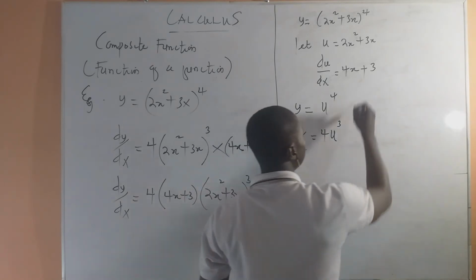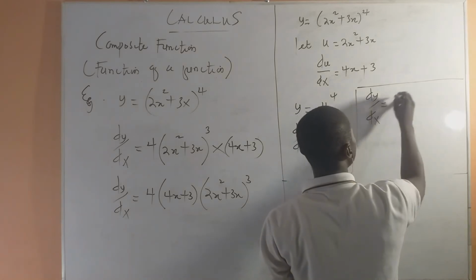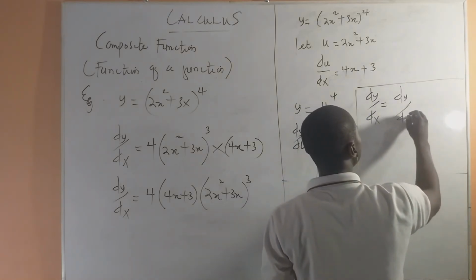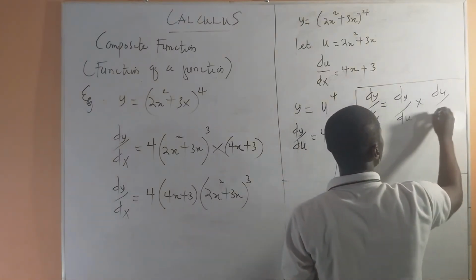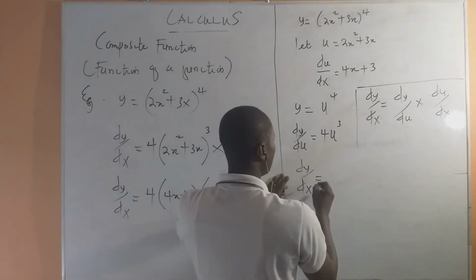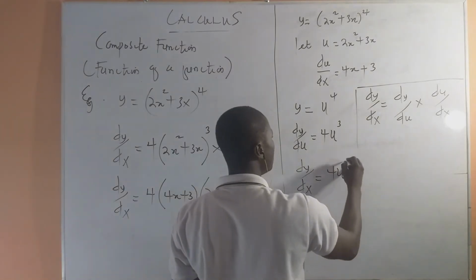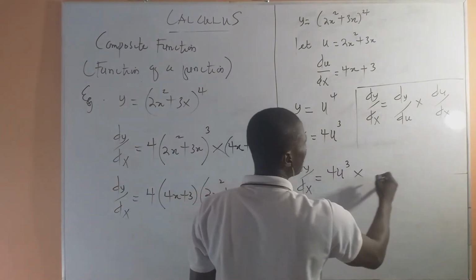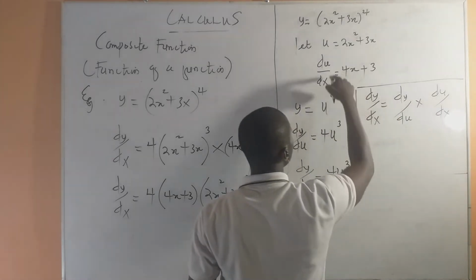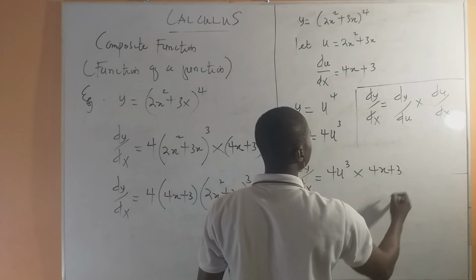Take note that we said that the chain rule is dy dx equals dy du times du dx. And so dy dx will be equal to dy du. dy du is 4u exponent 3 times du dx. du dx is 4x plus 3.